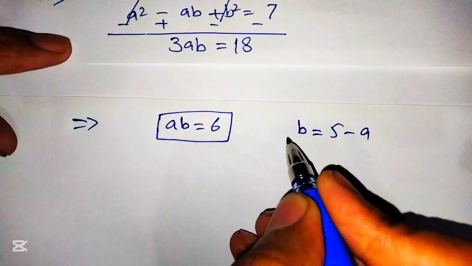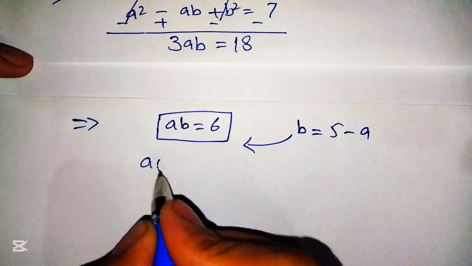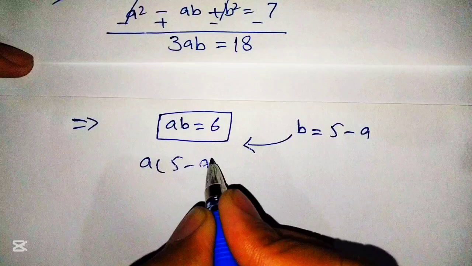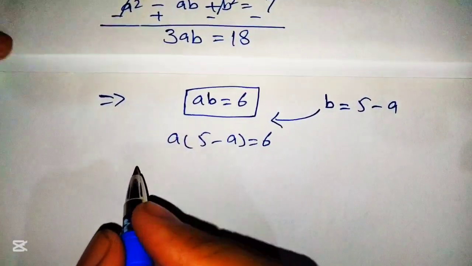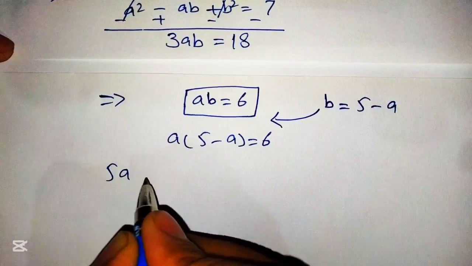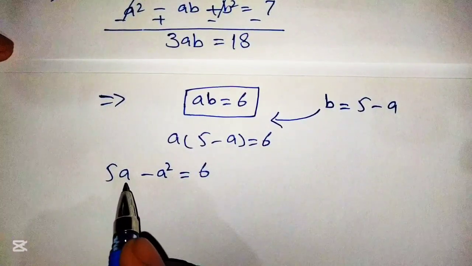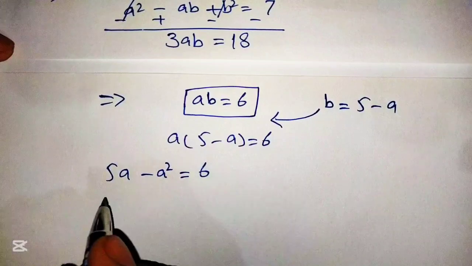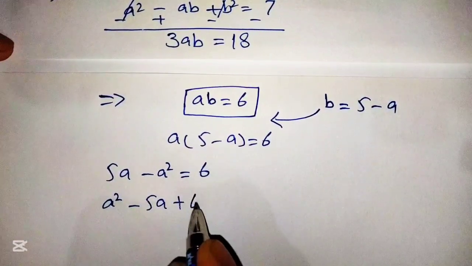So putting this value here in this equation, we will get a into (5 minus a) is equal to 6. Now simplifying this equation, we will get 5a minus a square is equal to 6. Taking the left hand side towards the right hand side, we will get a square minus 5a plus 6 is equal to 0.